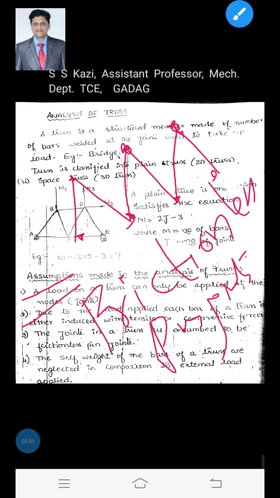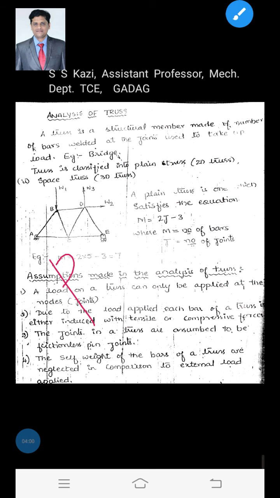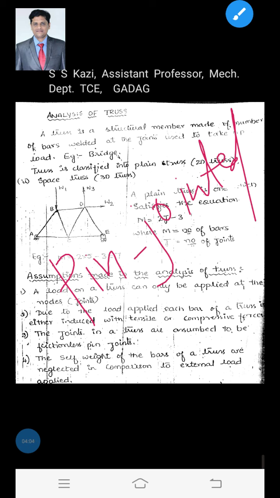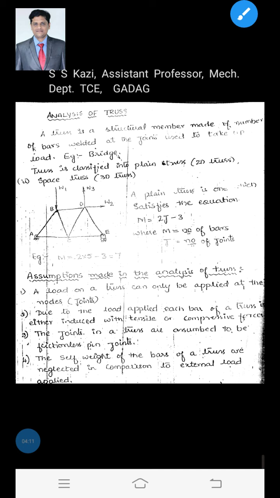Hence all the bars are free to move about their pinned ends. Hence a truss member is also called a pin jointed member or pin jointed configuration, because all the bars are assumed to be interconnected by frictionless pin joints.